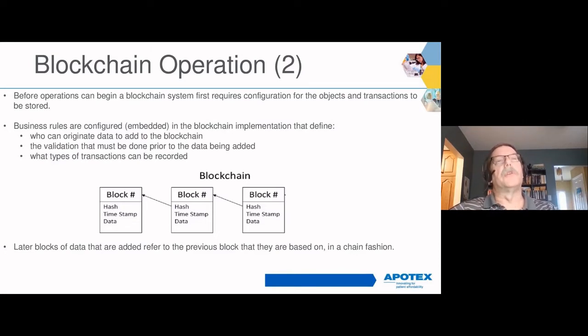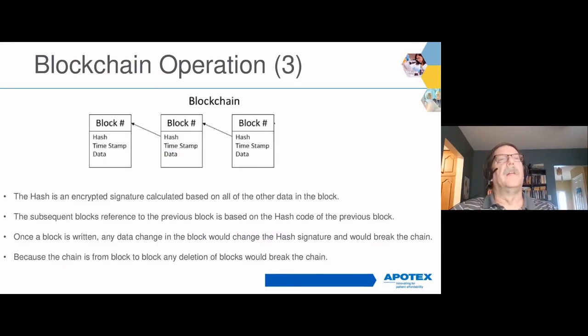This is also part of the security of a blockchain. Once the data has been written, anytime you try to change the data, it would mean that the hash encrypted signature no longer matches that block of data.